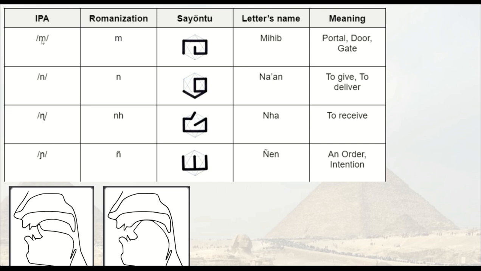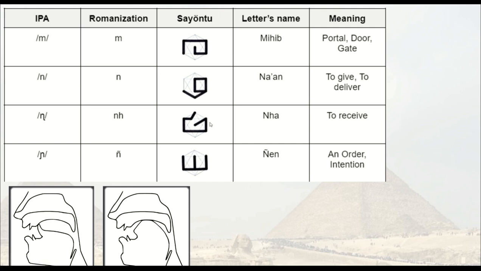So again, we have the International Phonetic Alphabet, the romanization, so how the letters are transcribed in the Latin alphabet, the Sayontu letter, the letter's name, and the meaning. So first, meaning portal, door, gate, meaning to give, to deliver, and n, which is pronounced with the tongue right in front of the hard palate.